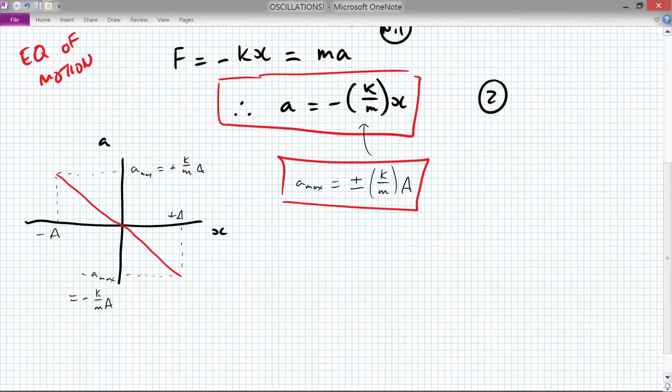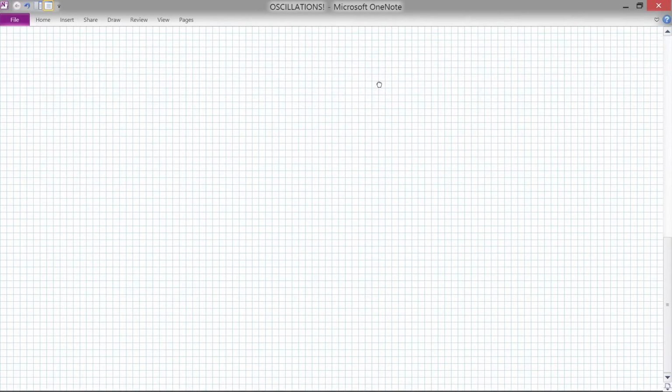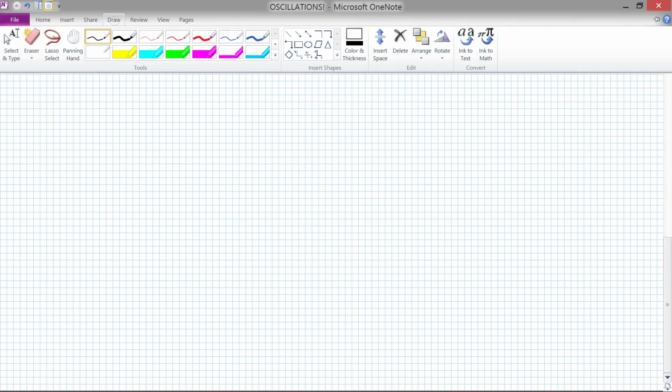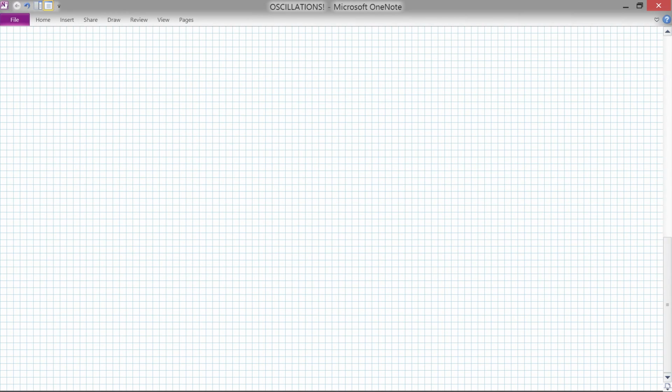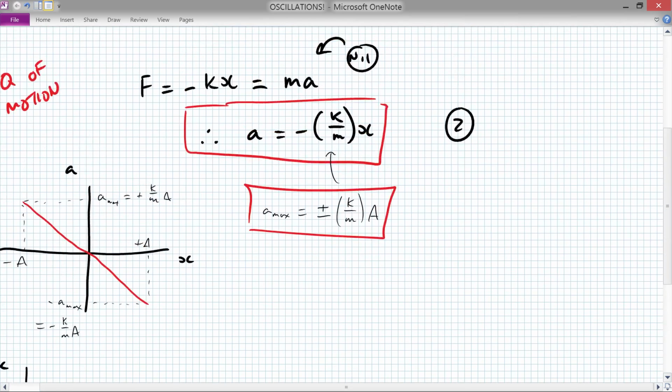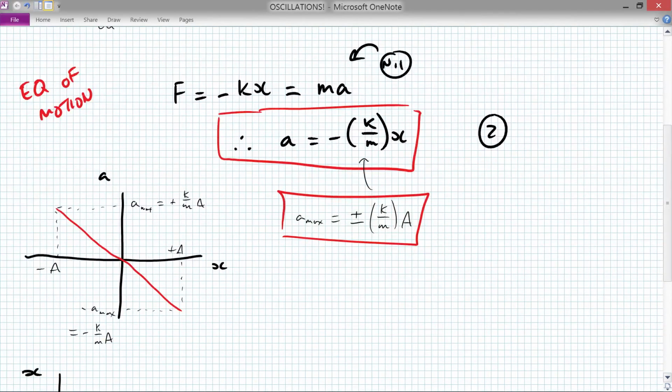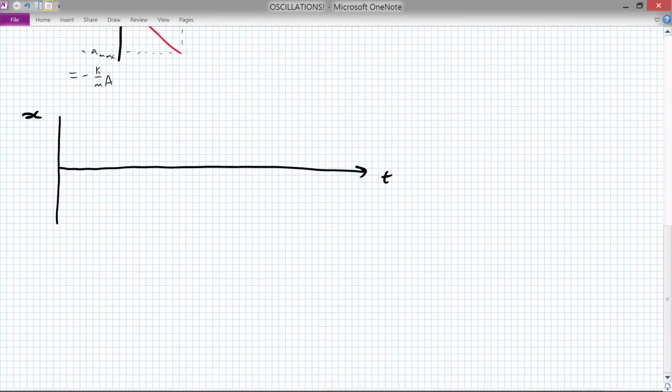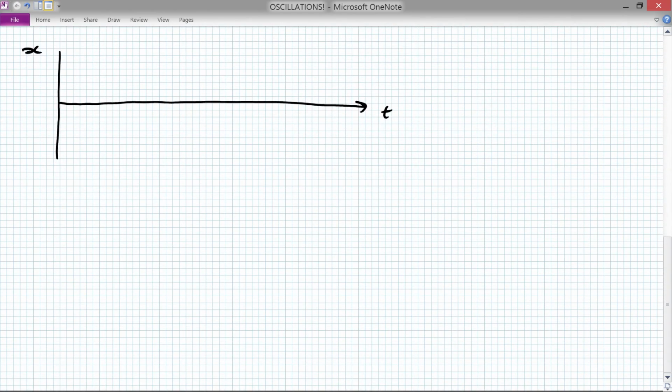Okay, so pretty boring. Let's go a bit deeper. Let's consider the actual motion. So the simplest thing we can do in terms of motion is look at its position as a function of time, because even looking at this is a sort of static picture, it's a snapshot, and really what we're interested in is how this evolves over time.